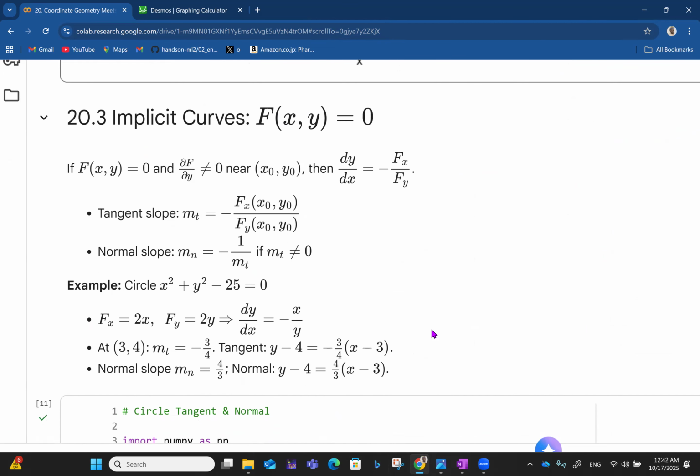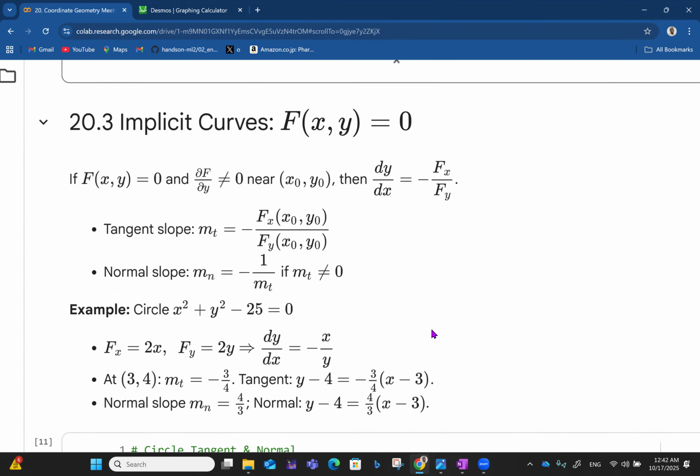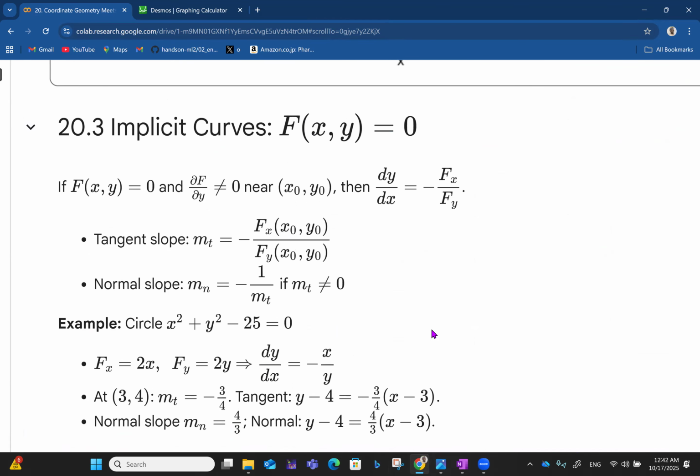The normal to the tangent is this blue one, which is at 90 degrees to it, like we saw up there. Then let's talk about implicit curves, f of x comma y equals 0.